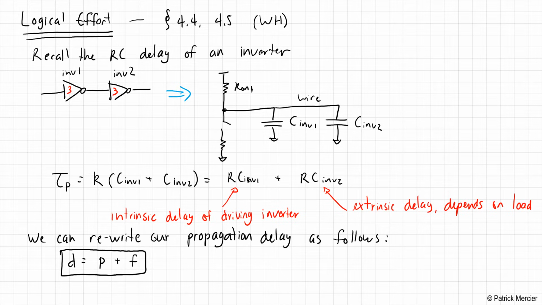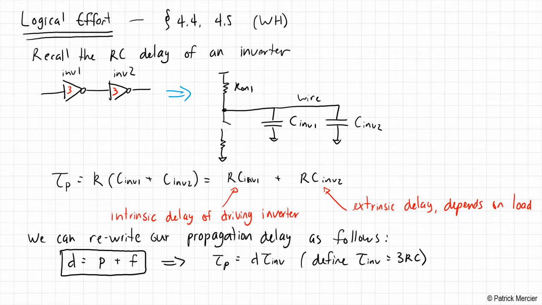But hopefully, once we kind of get through all this alphabet soup, we'll see that this is a very powerful technique. Okay, so we say that the delay through this circuit is equal to P plus F. We'll describe what P and F are momentarily. But first, let's say the propagation delay through our circuit will just be equal to this D term times tau INV. And we define tau INV as being equal to 3RC according to the class sizing convention.